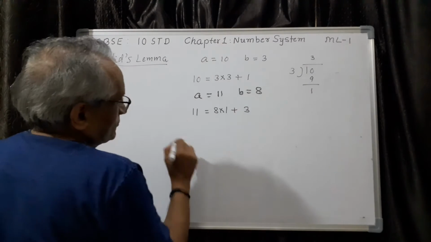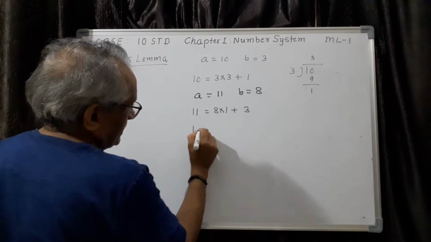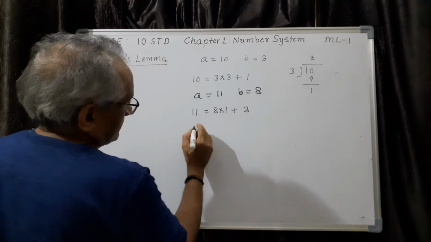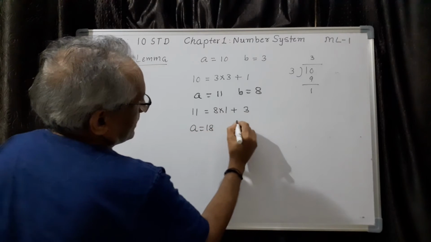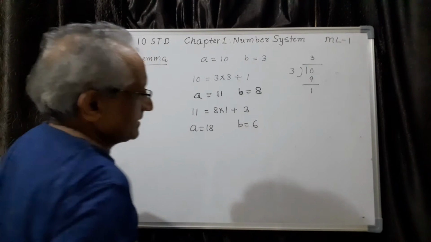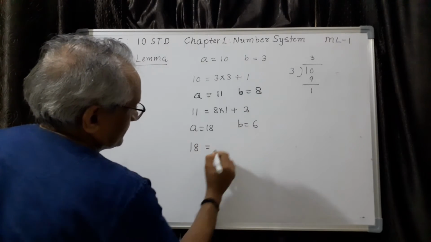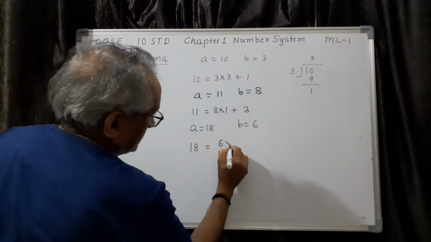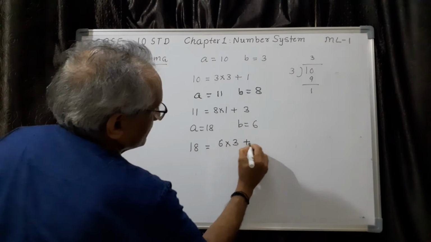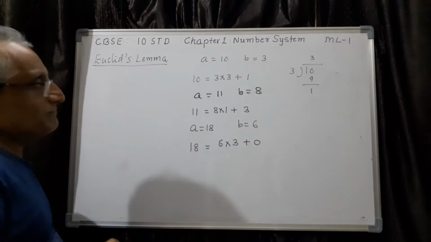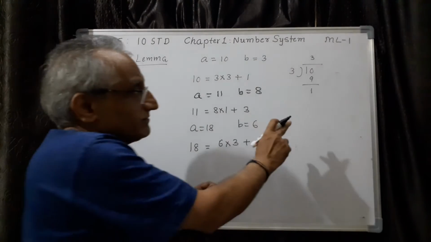Similarly, let us take a bigger number, a equal to 18 and b equal to 6. Then we can write 18 as 6 into 3 plus 0. So 0 is also possible.